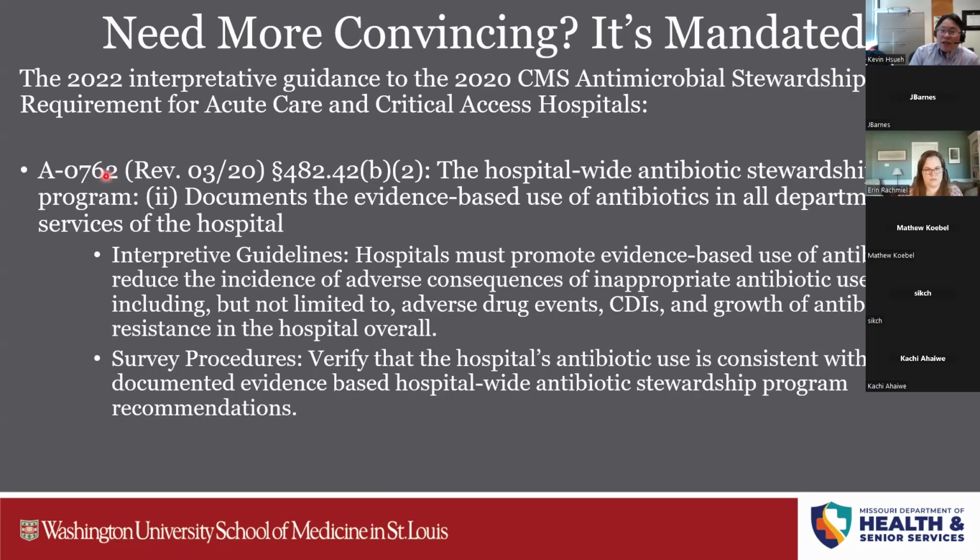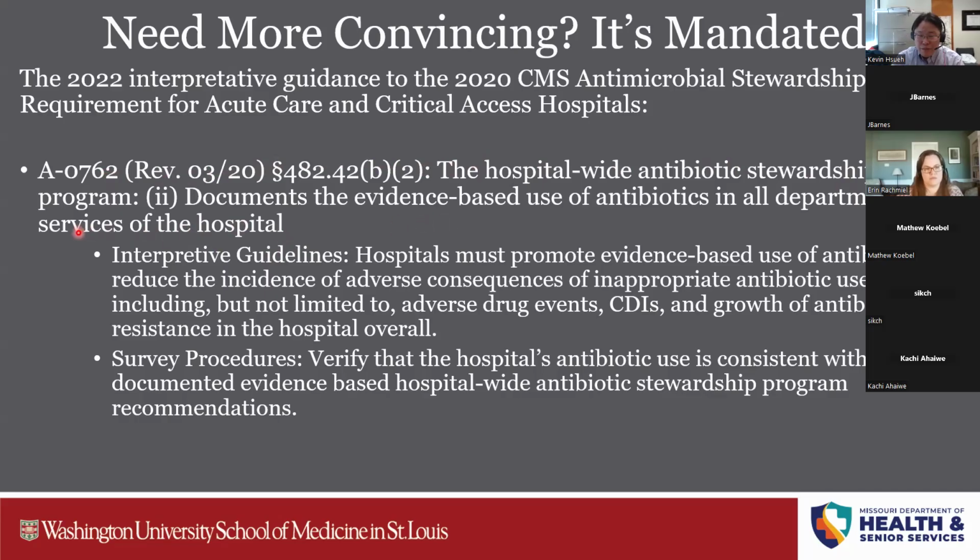CMS is a little bit more vague about this. In 2020, the new CMS antimicrobial stewardship condition of participation was released, but then in 2022, they released an interpretive guidance to that, which really one of them says that hospital-wide stewardship programs need to document the evidence-based usage of antimicrobials in all departments and services.